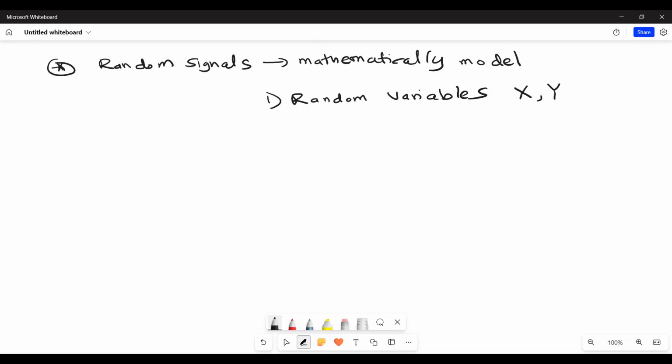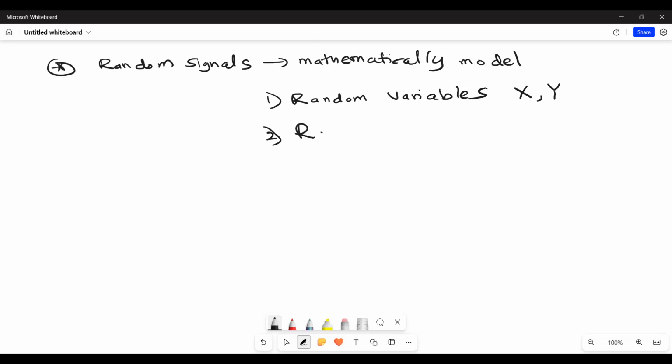Likewise, we are using some variables to define the random signal or the random process that we are considering. Okay, so we will get into that later. Anyway, these are the kind of terms, definitions we will be using to mathematically model the random signals.